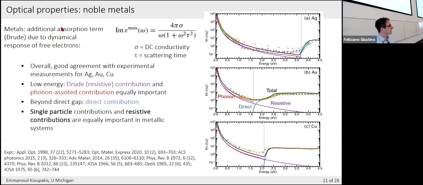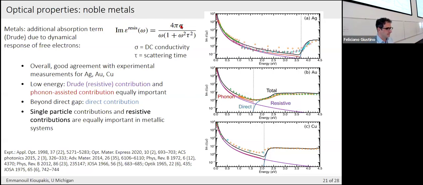Okay. So this is again going back to classical physics. The electric field accelerates the electrons, and as they accelerate and decelerate, their energy becomes heat. Okay. So this is how you will find the loss, the imaginary part of epsilon, coming from the resistive loss.